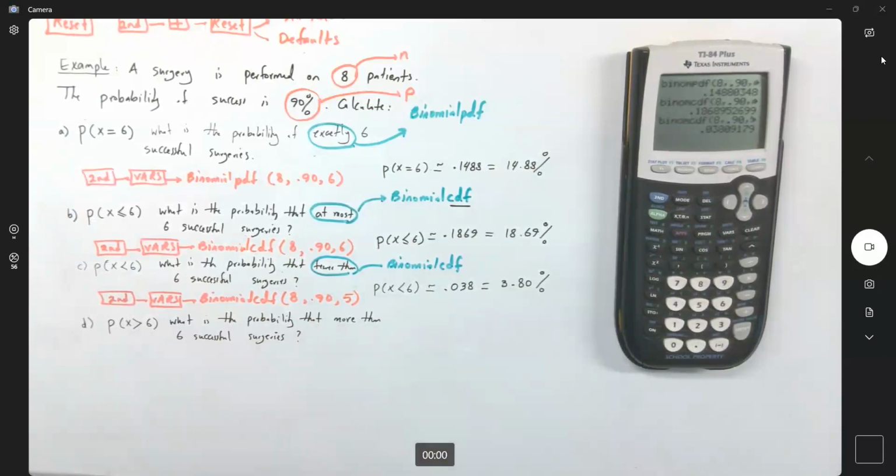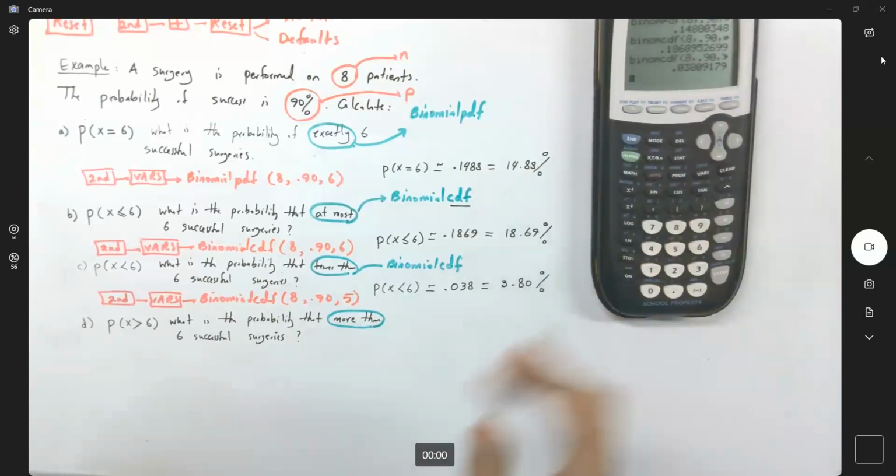More than. The keyword here is more than. Guys, be careful here. We have a very important algebra step that students usually forget. Here, you're going to select 1 and then subtraction, minus. 1 minus.